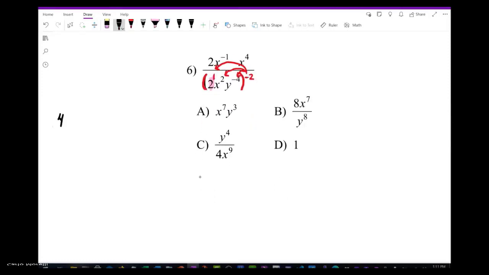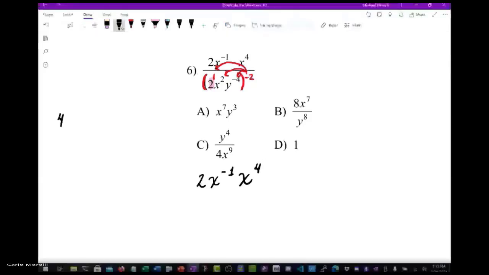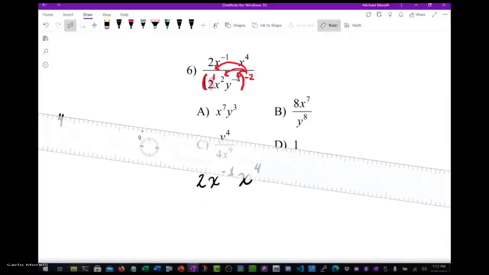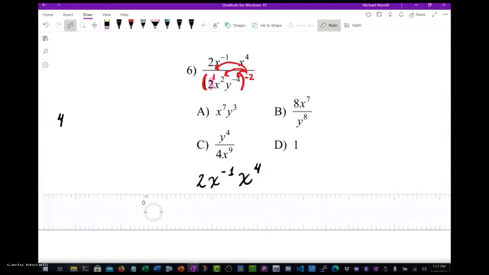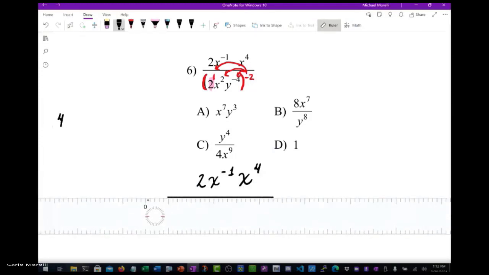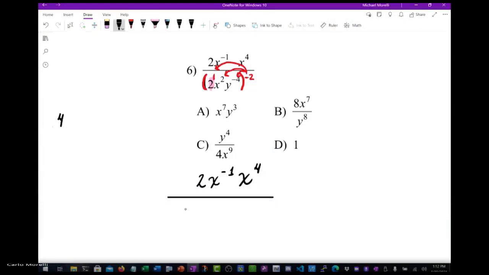As much as most folks hate doing this, you really should rewrite this problem. Yes, it takes more time, but like I said, this is a writing class and neatness is very important.